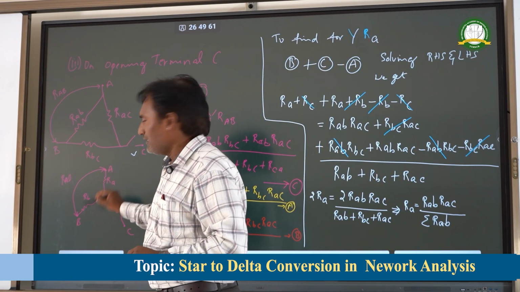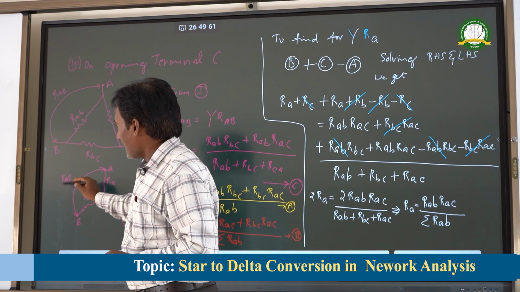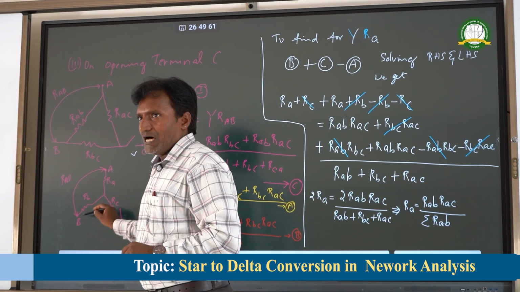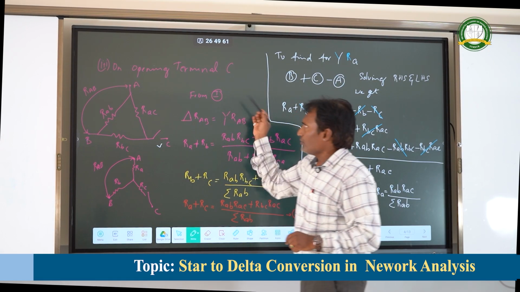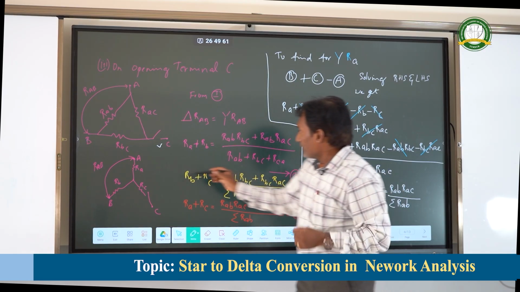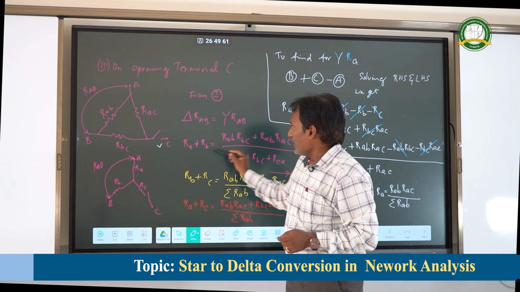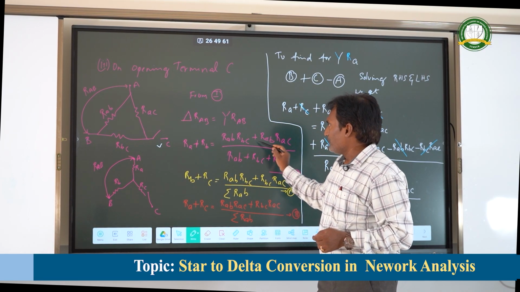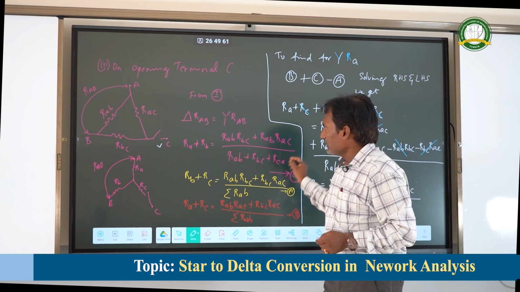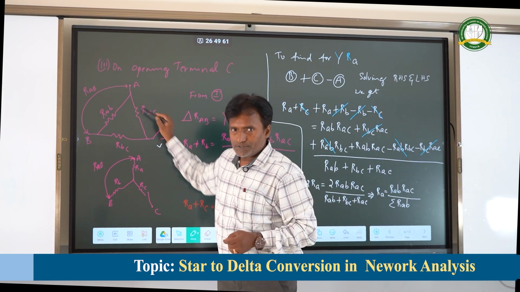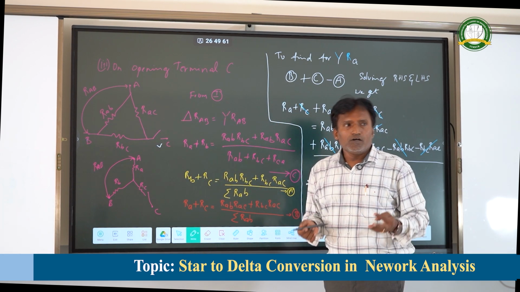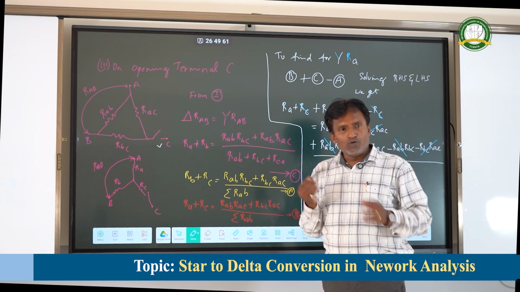These two elements come in series. Therefore, star RAB will be equal to RA plus RB. By using equation number 1, we can solve for this. So RA plus RB is equal to RAB RBC plus RAB RAC upon the summation of all the delta elements. So we got equation A, equation B and equation C by opening the terminals A, B and C.